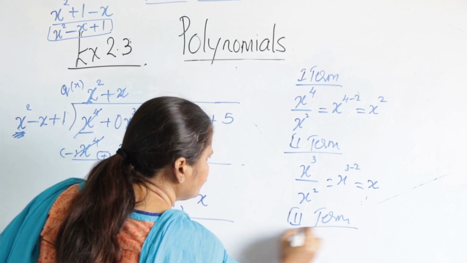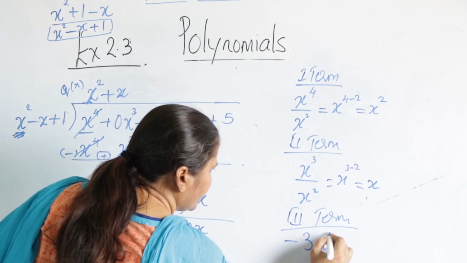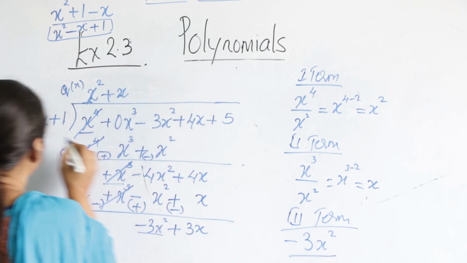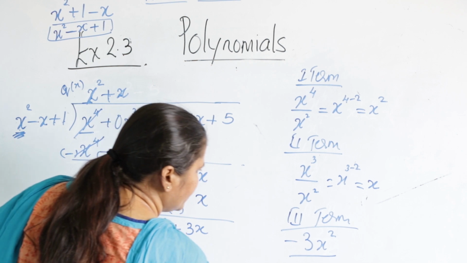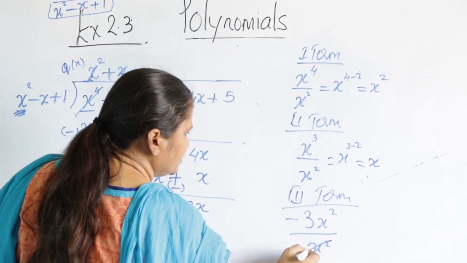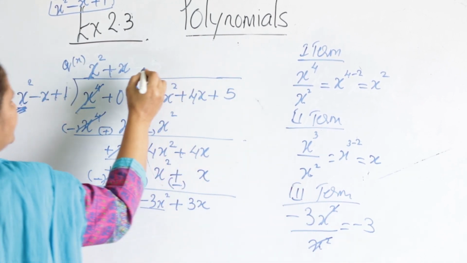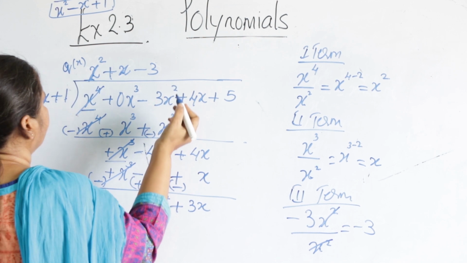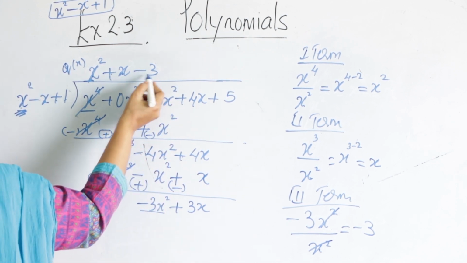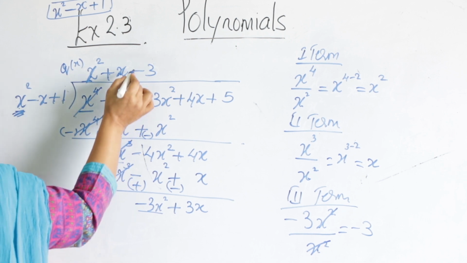Third term of q of x. This is minus 3x square divided by x square. As I told you, the denominator will not change, x square. So it is minus 3. Now let us take minus 3 here. So now let us multiply every term of g of x by minus 3.